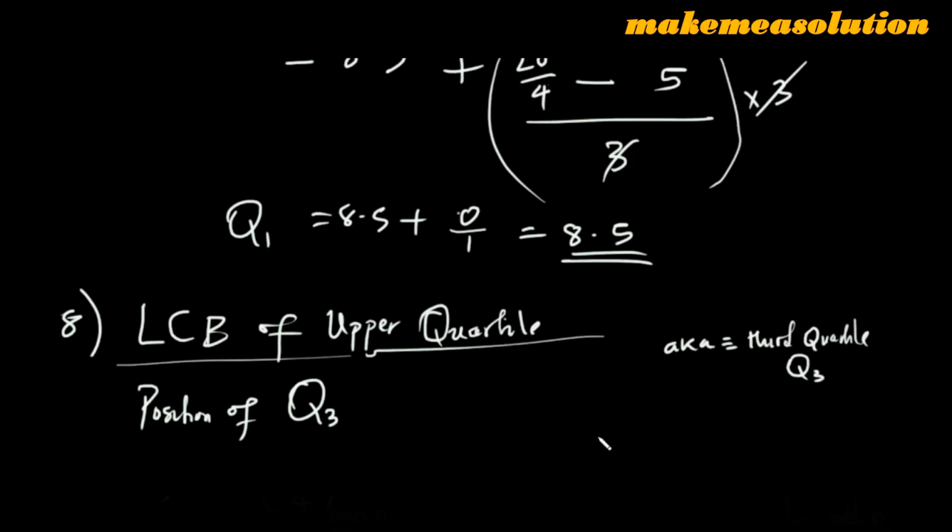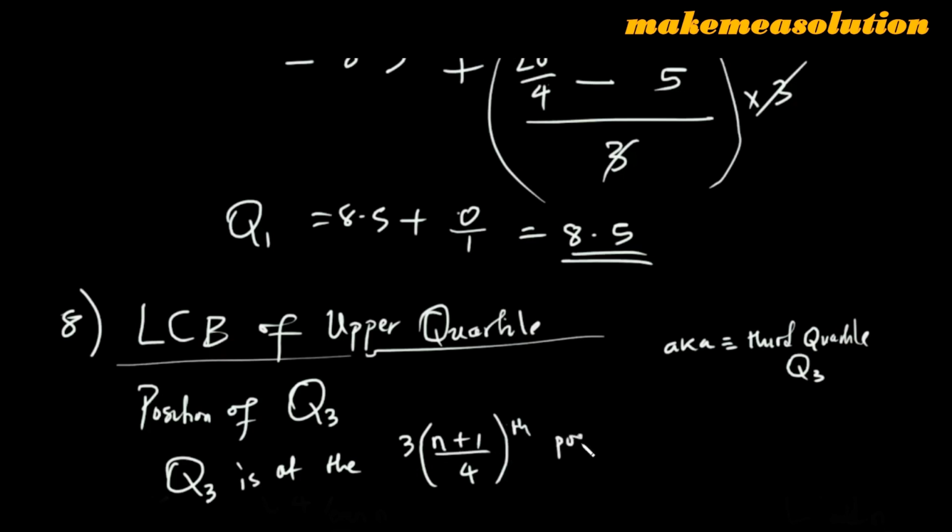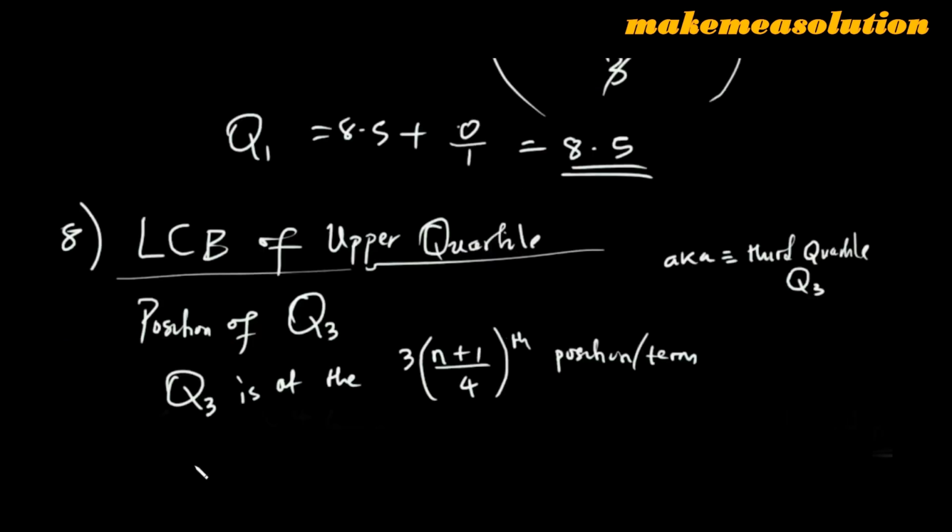That's Q3. Now, if you want to find the position of Q3, Q3 is at the 3 bracket n plus 1 all over 4th position, or term. So solving, we have Q3 is at 3 into n plus 1 over 4, which is 20 plus 1 all over 4th position.